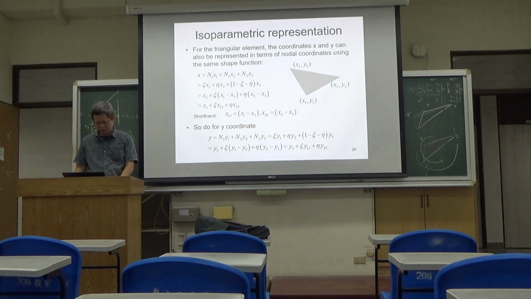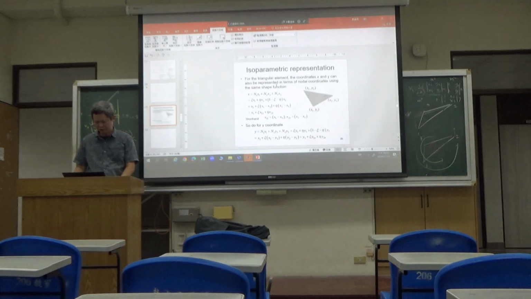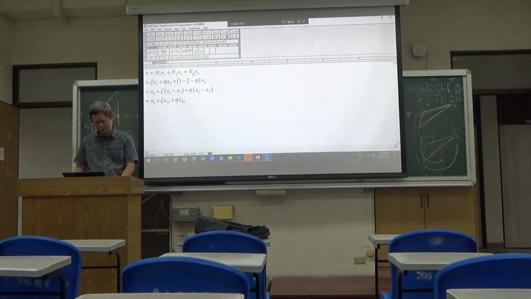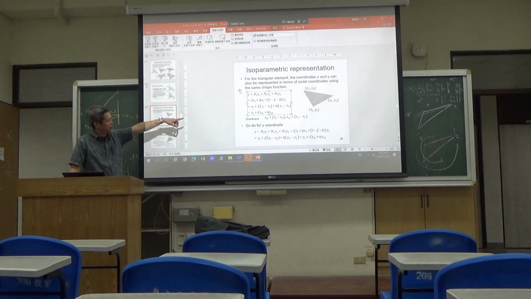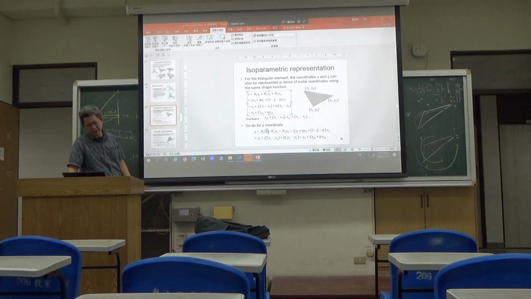Yeah. I need to do a correction here. By substitution in the non-dimensional coordinate, your expressions for x and y can all be expressed in terms of zeta and eta. Okay.